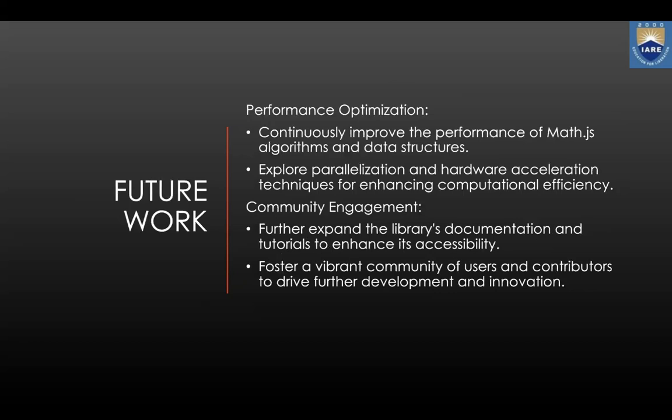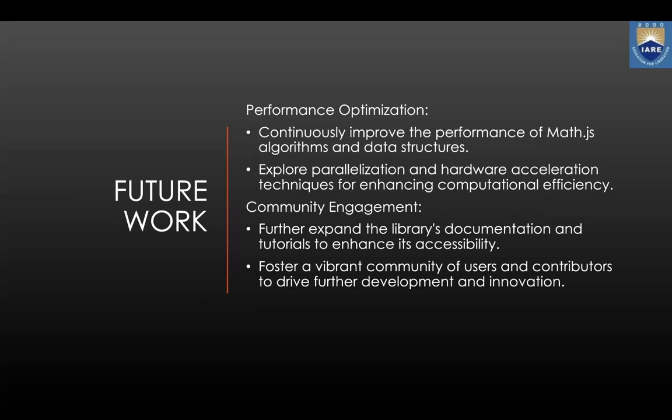Now, future work. Performance optimization and community engagement are the main future work that math.js requires. Continuously improving the performance of math.js algorithms and data structures, and also exploring parallel hardware acceleration techniques for enhancing computational efficiency. Next is community engagement.